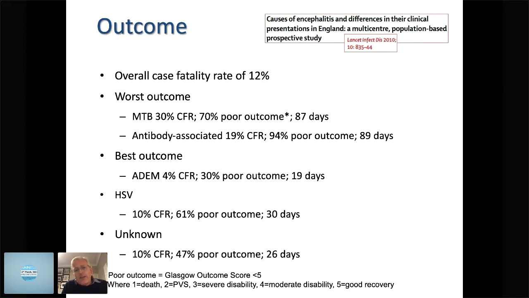But many of these patients with herpes, who survive herpes simplex encephalitis, have significant acquired brain injuries, for which, from this data, you really don't get an appreciation. What about those patients in whom an etiology wasn't discovered? Well, still in 10% of those, there was a poor outcome. Half, 47% a poor outcome, 10% died.